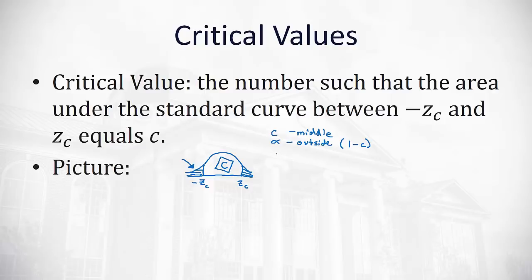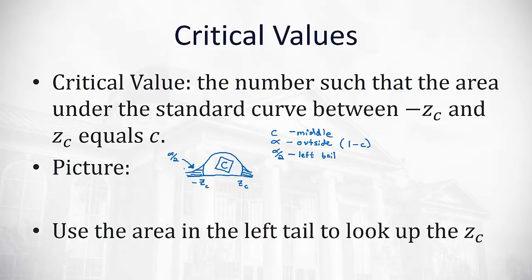So we need to take that alpha, which is in both tails, and divide by 2 to get the left tail. So this area is alpha divided by 2. Once we know what alpha divided by 2 is, then we can use the inverse normal function to calculate our z sub c.